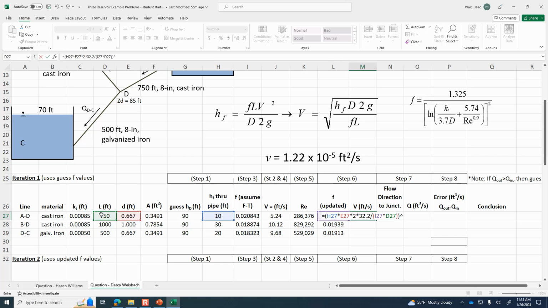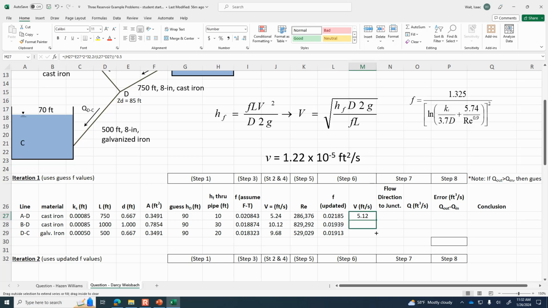Or I could have done SQRT at the beginning. So the first time around, my guess of the velocity was 5.24. Now I know with a little bit more accuracy that it's 5.12.